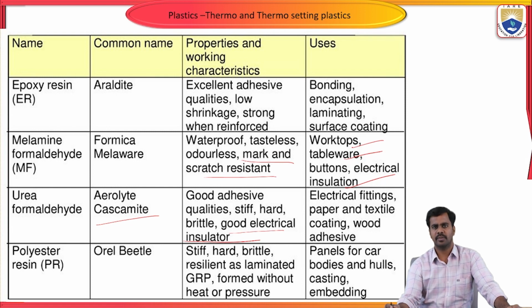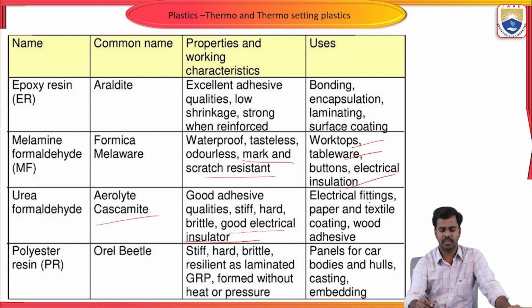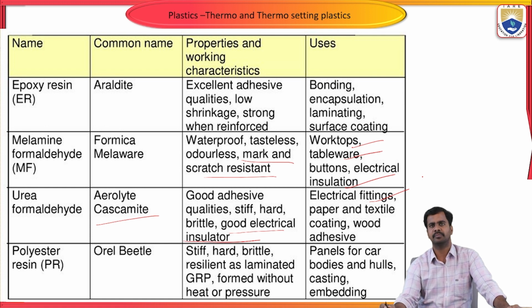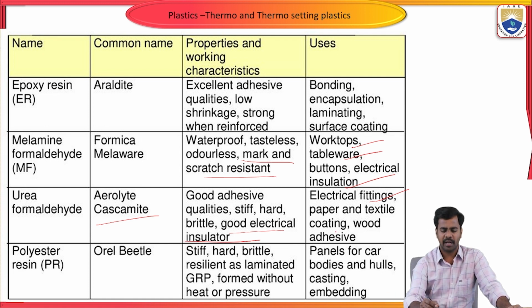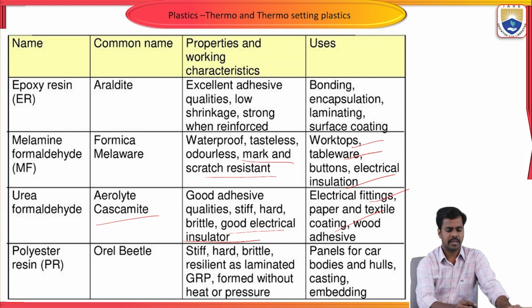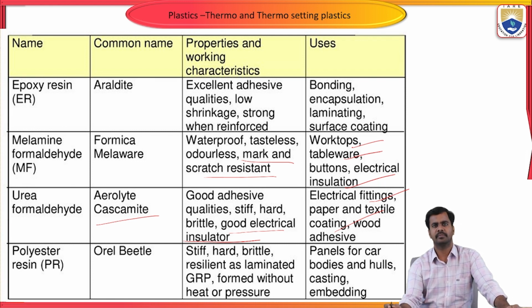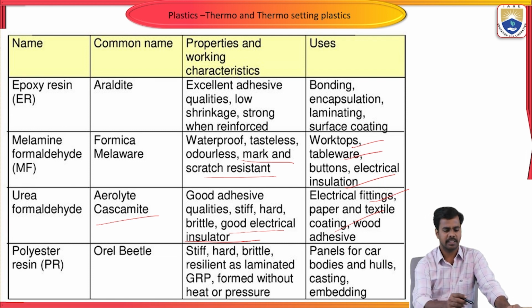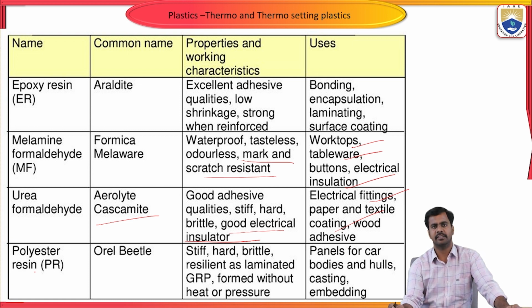Coming to the uses, it is used for electrical fittings, paper and textile coatings, and wood adhesives. And next thermosetting plastic is polyester resin (PR).